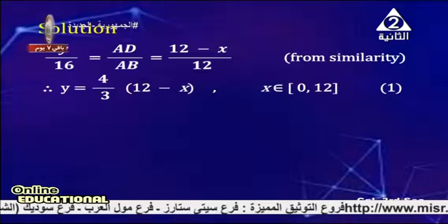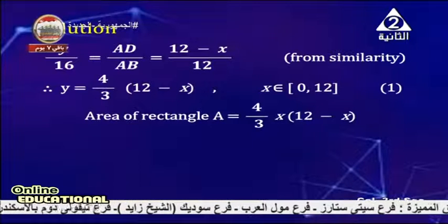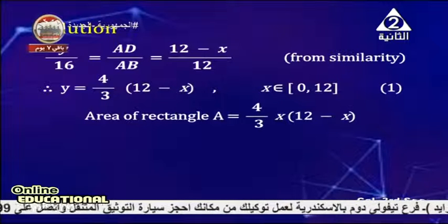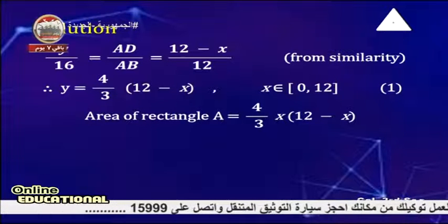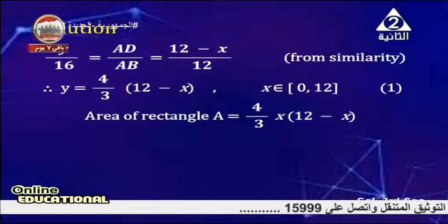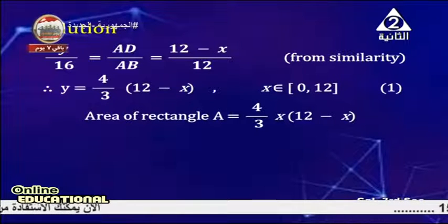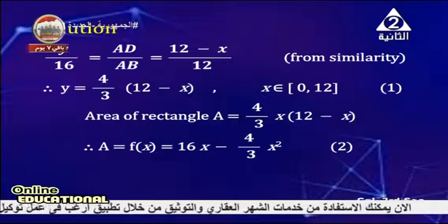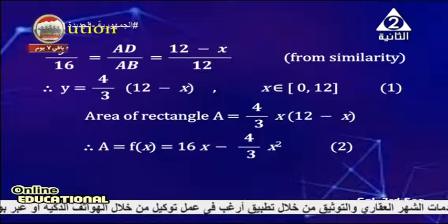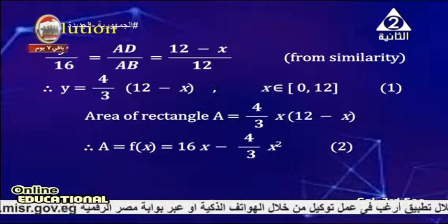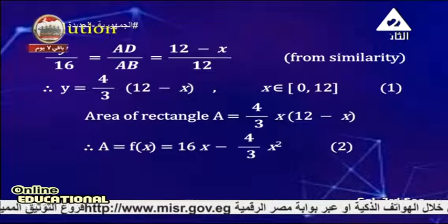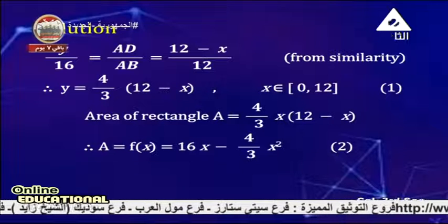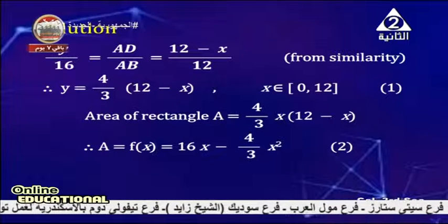Now, the area of the rectangle A equals 4 over 3 x multiplied by (12 minus x). Here, the area is the function f of x. We have one variable, one unknown x. X represents one dimension of the rectangle, the width of the rectangle.